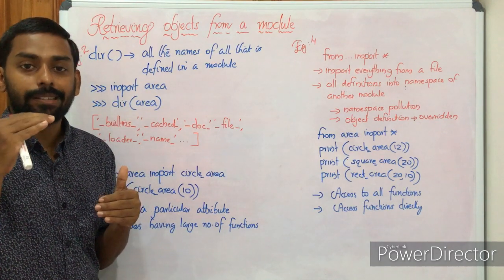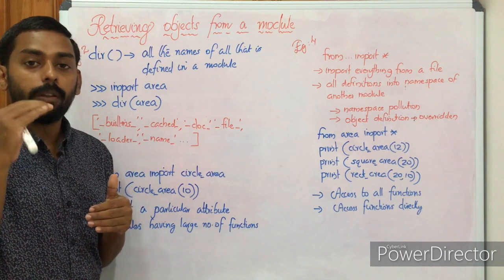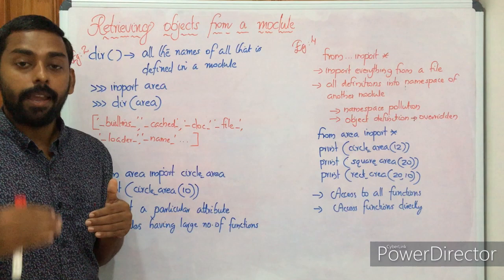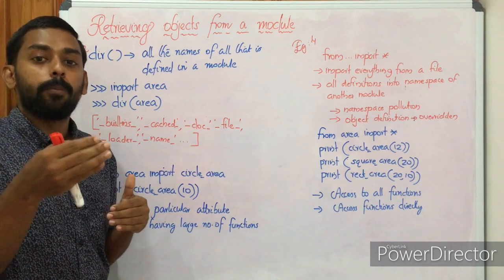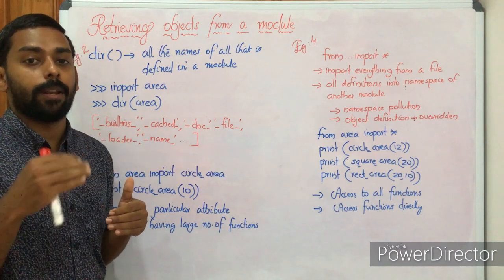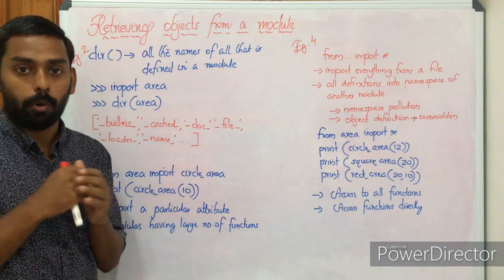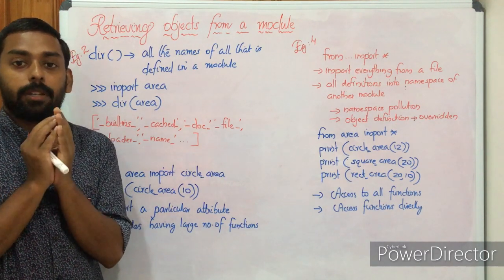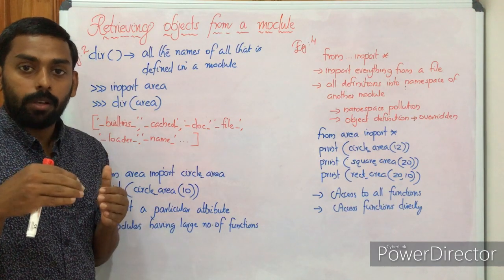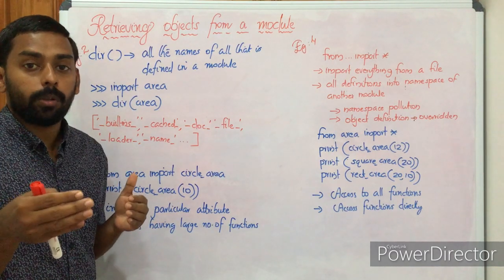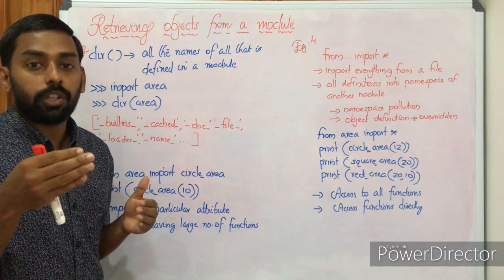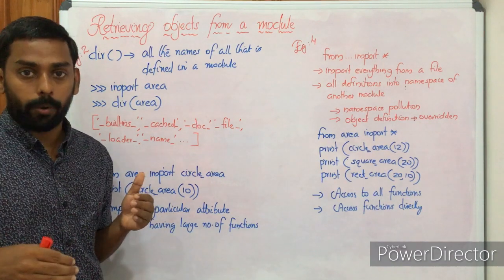Sometimes we do not want to import all the attributes present in a module. We need only a particular attribute, a particular subroutine or a particular function from a module.